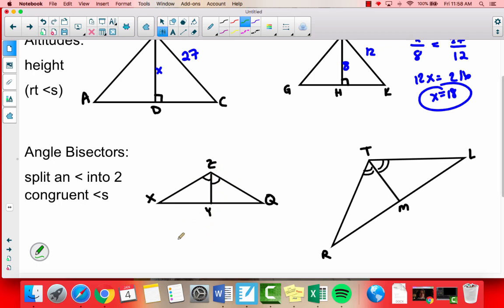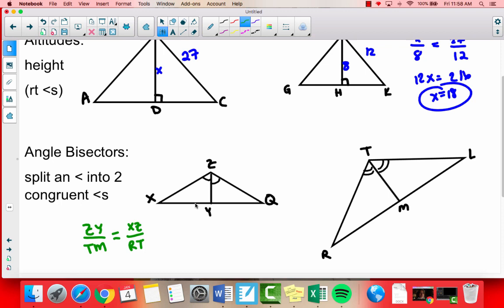I'm going to use the angle bisector on the top, so ZY over TM, so angle bisectors first, and then is going to be congruent to the ratio of some sides, so XZ of the first triangle, and then RT of the second triangle. And then just like the altitudes, if I gave you some numbers and variables, you'd plug it into your proportion and you'd solve.